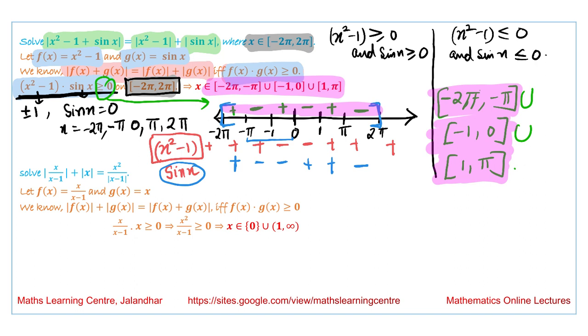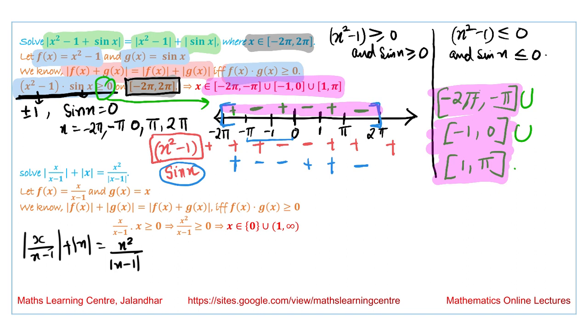Next is solve mod of x over x minus 1 plus mod x is equal to x square over mod of x minus 1.